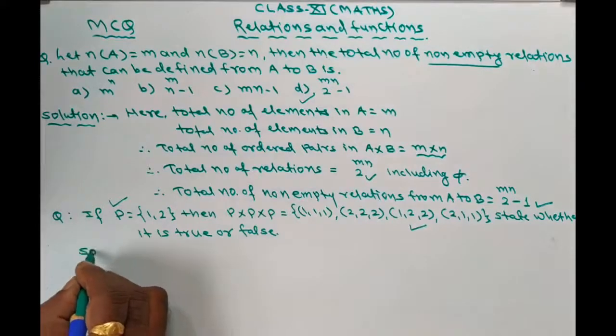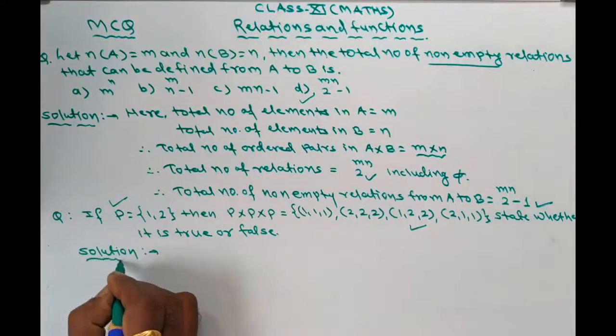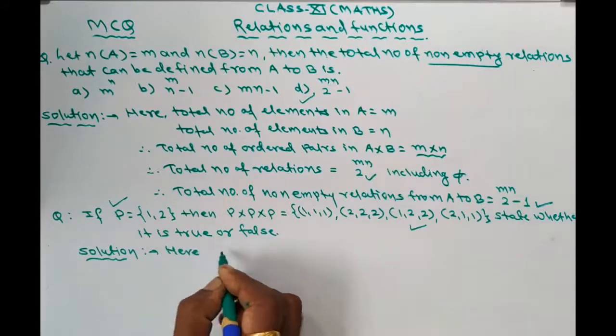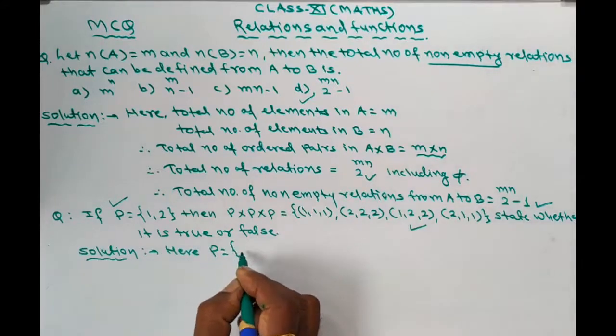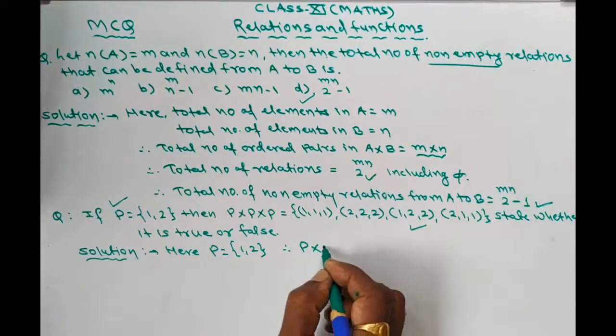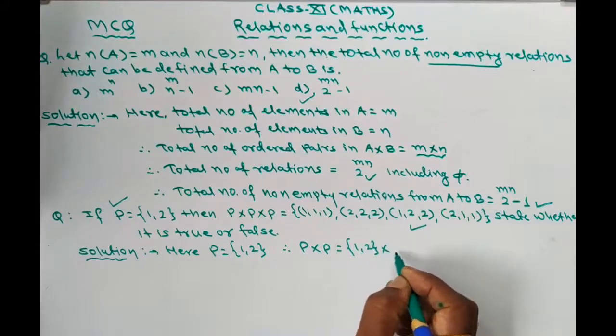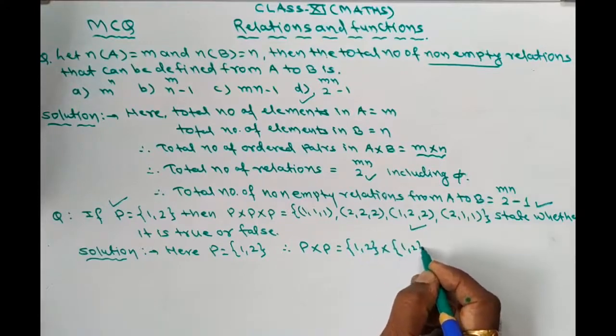The solution here: p equals {1, 2}. Therefore, let us find p cross p. p cross p means {1, 2} cross {1, 2}.